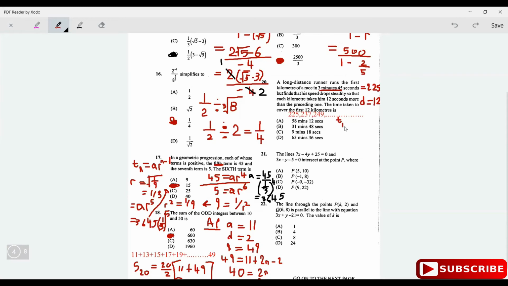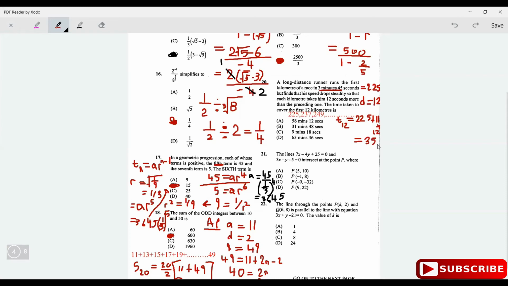The time he taken to cover the 12th kilometer is A plus n minus 1 D. So that's 225 plus 11D. So it's 225 plus 11 times 12, that's 357 seconds.